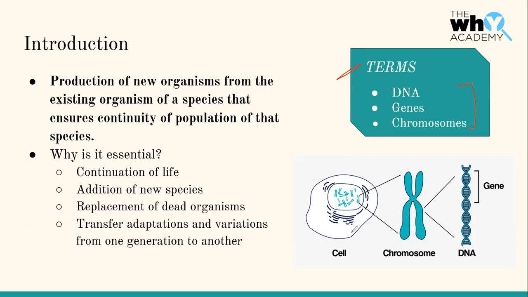So I've given a simple diagram here so that you can understand the difference between the three. Once you're clear with the difference, I don't think you'll go wrong anytime. In heredity, you might come across words like traits. What is the meaning of trait versus genes? All those words are new, so we'll get this concept clear. So DNA, I think all of you know the full form. What is the full form of DNA?